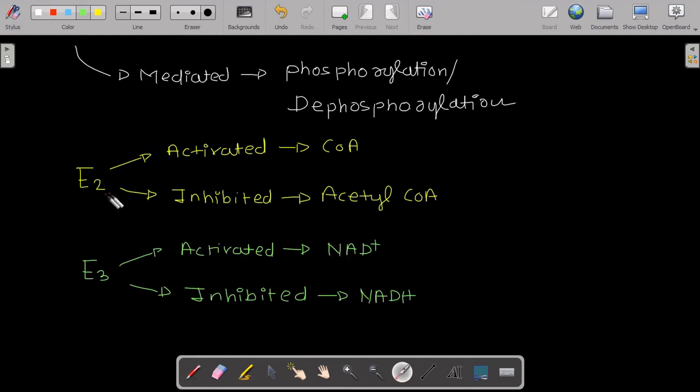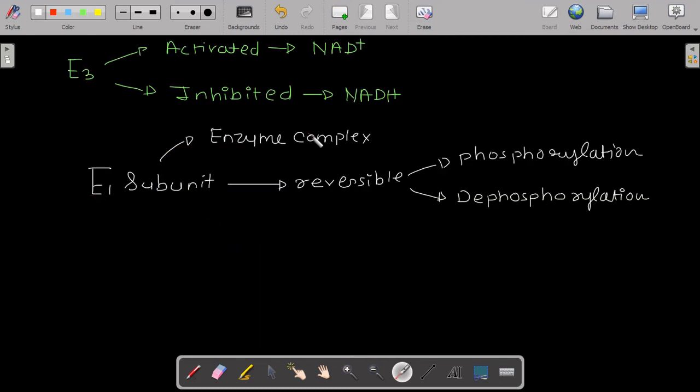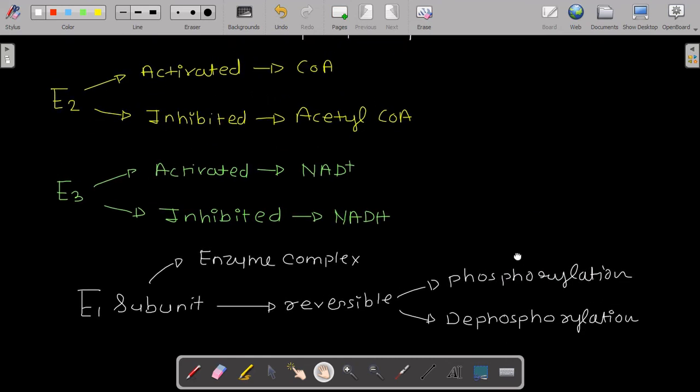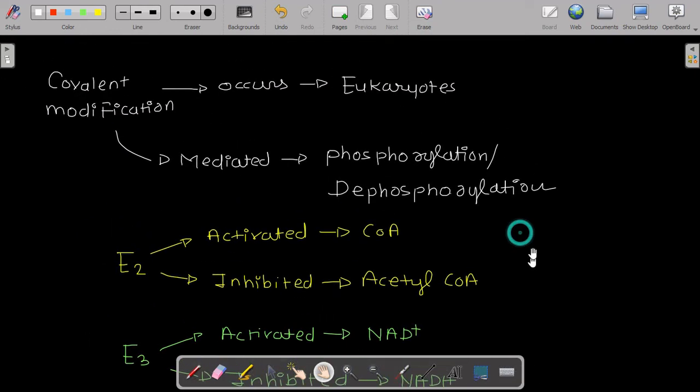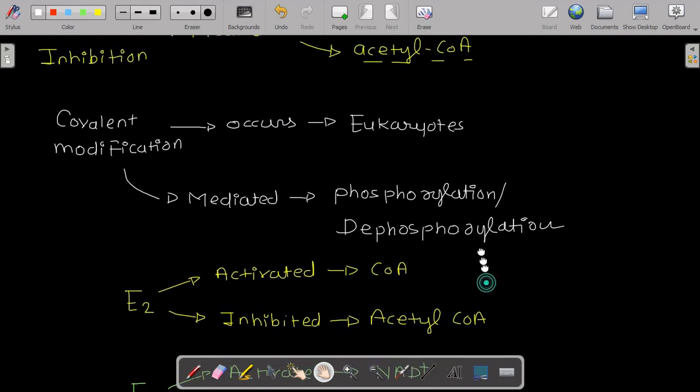Now E2 is activated by coenzyme A and inhibited by acetyl coenzyme A, whereas E3 is activated by NAD plus and inhibited by NADH. Now the E1 subunit of the enzyme complex undergoes reversible phosphorylation and dephosphorylation. Okay, so let's have an overview. There are three subunits of pyruvate dehydrogenase, right?